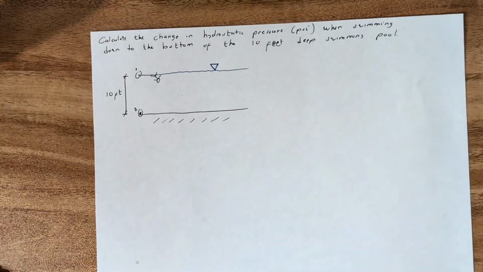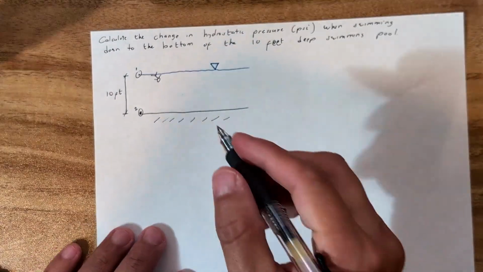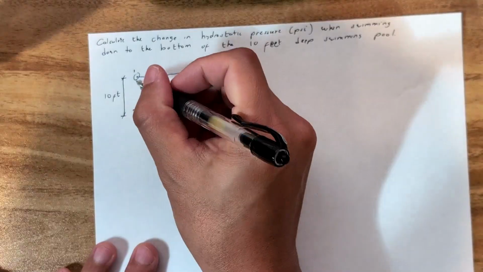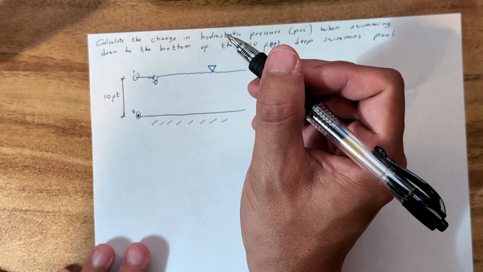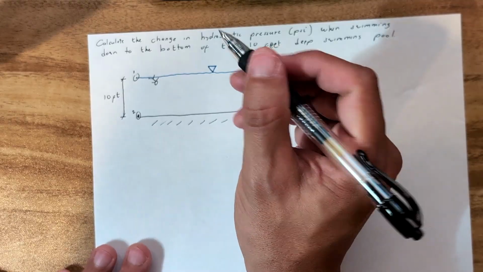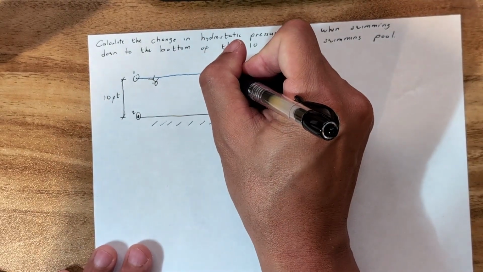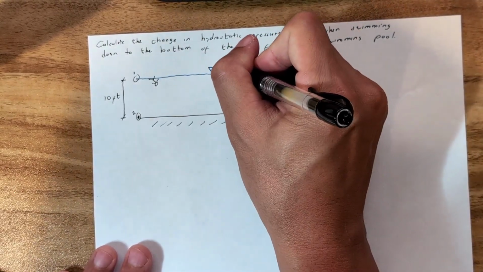So what you're going to do is start off, we're using the hydrostatic equation for this one. Whenever you see this triangle, the triangle means this is at PATM.